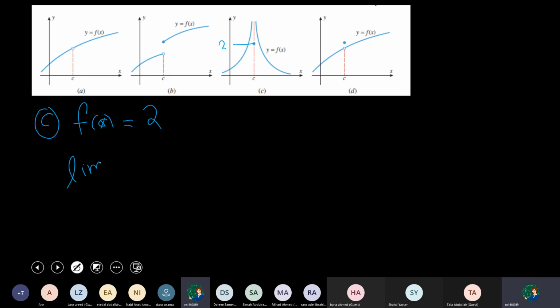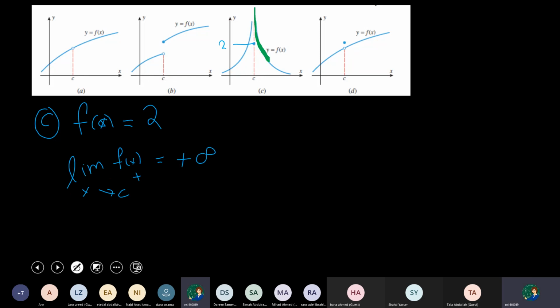Now, the limit of f of x when x approaches C from the right is what? Who can tell me? Infinity? Infinity, thank you.